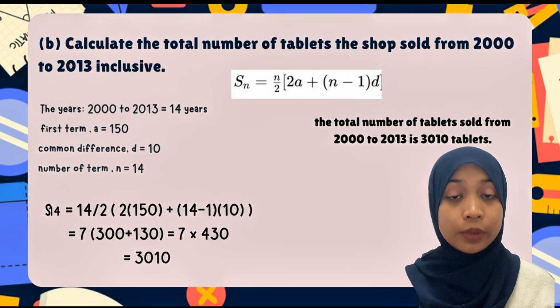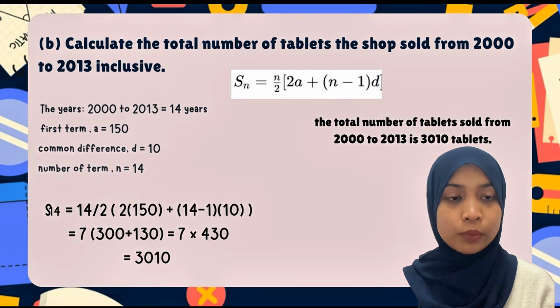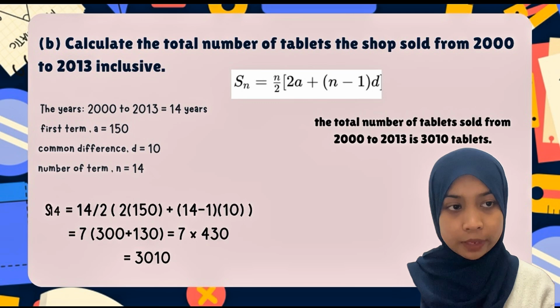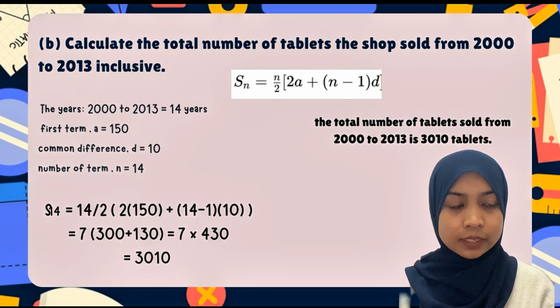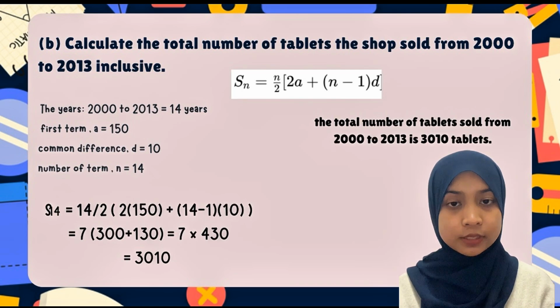We substitute all of these values into the formula, so we get S14 equals 14 divided by 2, open bracket, 2 times 150 plus (14 minus 1) times 10, close bracket. Simplifying, 14 divided by 2 gives 7, and inside the brackets, 2 times 150 equals 300, and 13 times 10 equals 130.